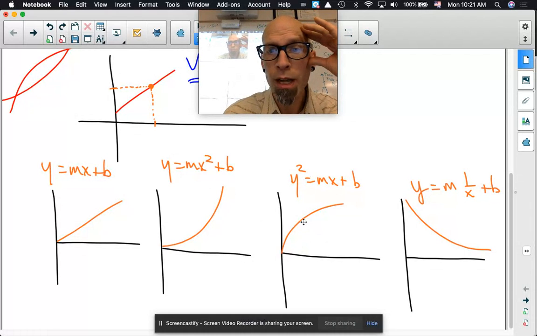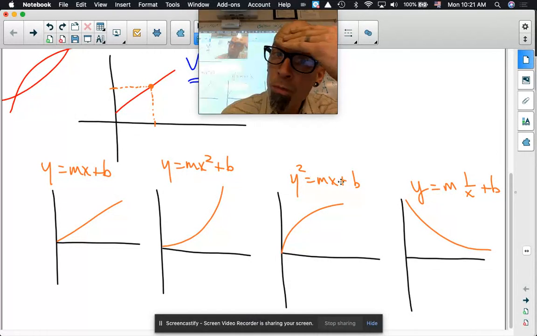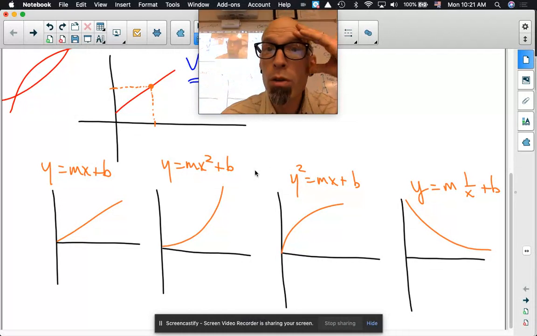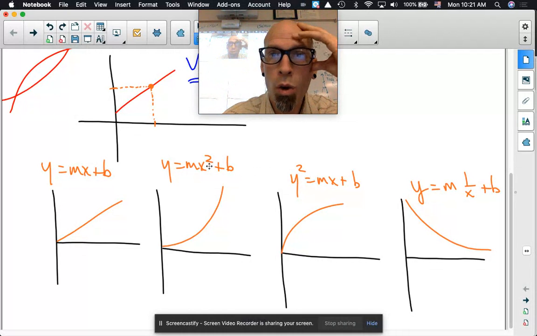This one here, a side opening parabola, would be y squared equals mx plus b. And then we could have an inverse curve, which is y equals m times 1 over x plus b. So these are other mathematical equations or relationships that could show up in data, but we haven't seen those yet.